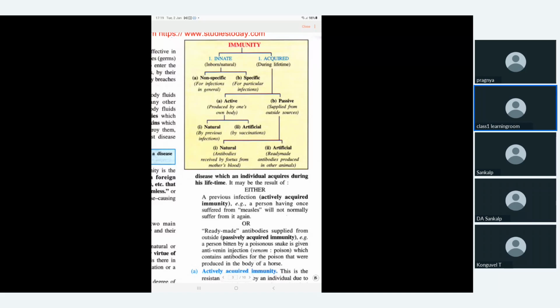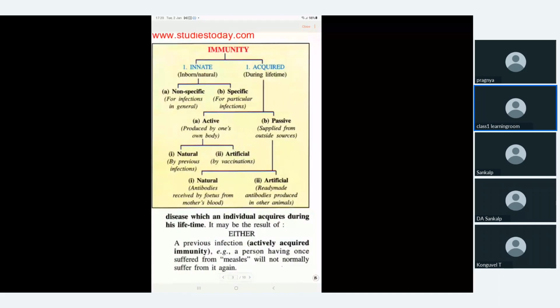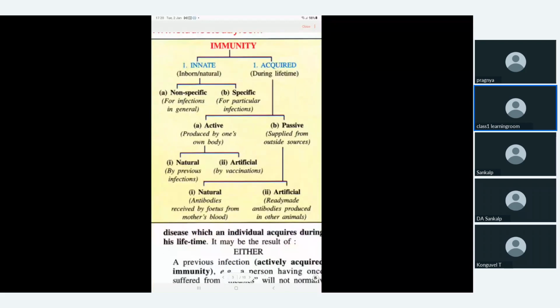And then acquired has two types. We develop it because of our experience, how the body encounters pathogens during its lifetime. In that there are two types: active and passive. Natural active means the real pathogen enters your body, and your body develops an immune system against it.